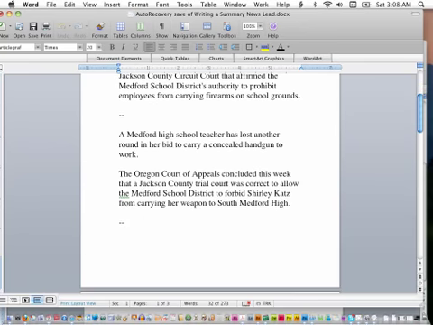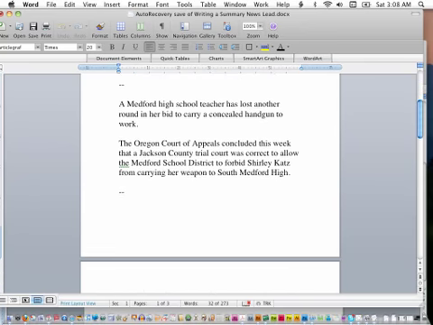This is from a national story. I think it's from Reuters. A Medford High School teacher has lost another round in her bid to carry a concealed handgun to work. The Oregon Court of Appeals concluded this week that a Jackson County trial court was correct to allow the Medford School District to forbid Shirley Katz from carrying her weapon to South Medford High School.